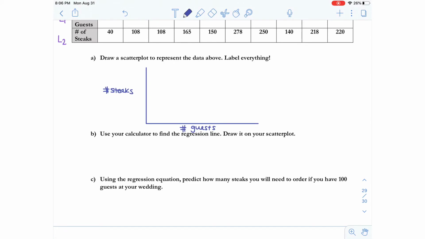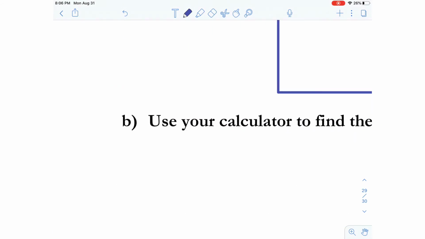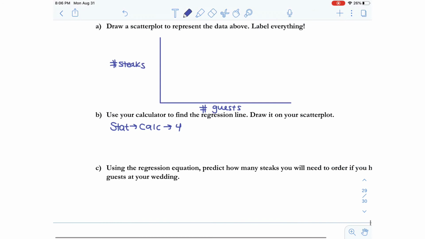But it does say use your calculator to do the regression line. So this is where we're going to go to Stat, Calc, 4. Stat, Calc, LinReg, and we're just going to hit Enter, with L1 and L2.